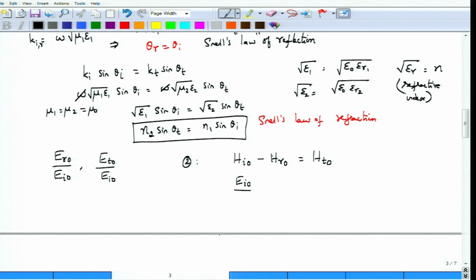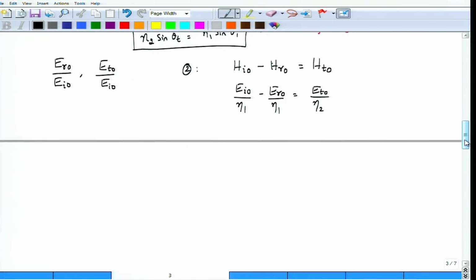However, you have to be careful to use the appropriate eta, or wave impedance. The wave impedance for I and R will be eta 1, and the reflected amplitude is ER0 over eta 1. This must equal the transmitted amplitude ET0 divided by eta 2, because the transmitted wave is in the second medium, right? So the boundary condition for the magnetic field has reduced to a simpler equation.